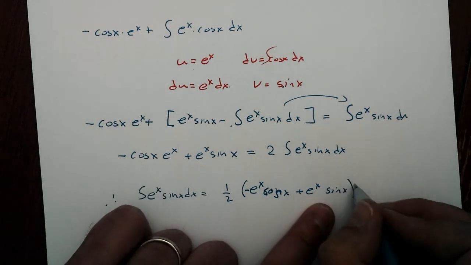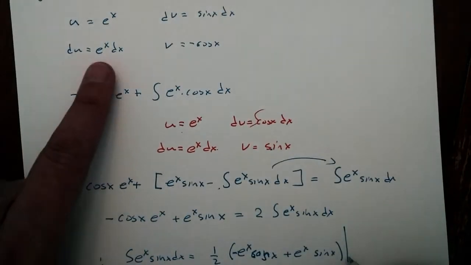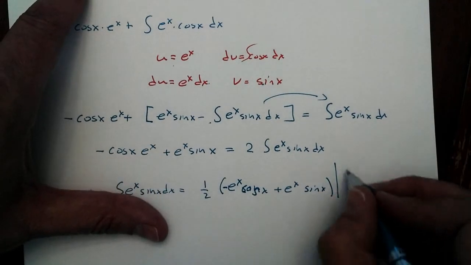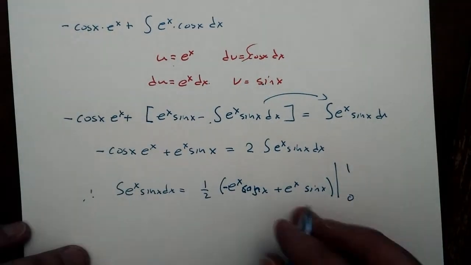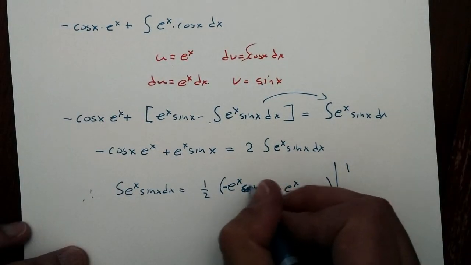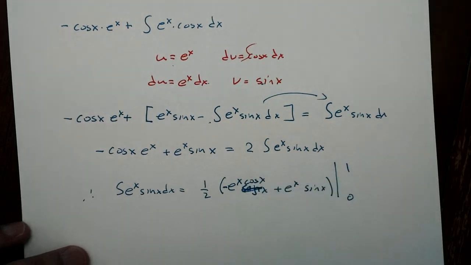Now normally we would put a plus C, but they do want us to evaluate from 0 to 1 here. And there's our antiderivative.